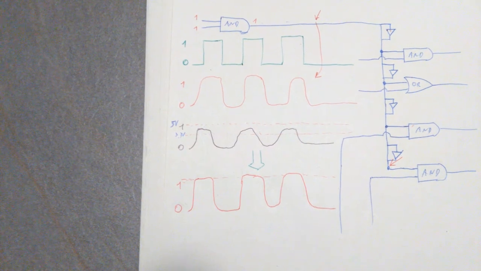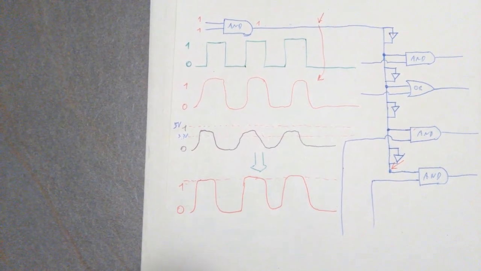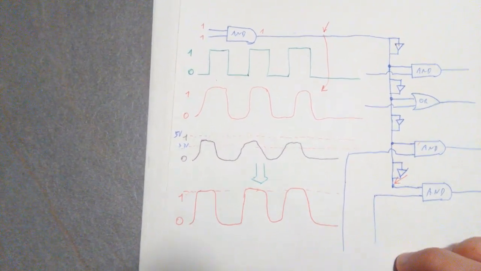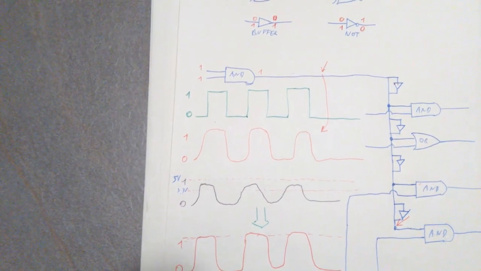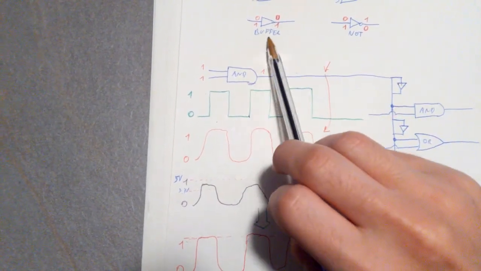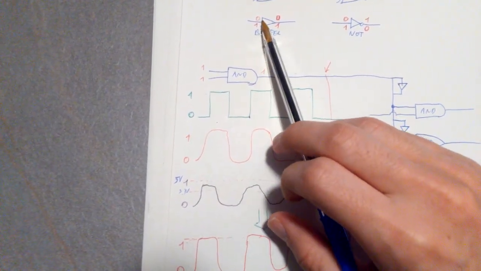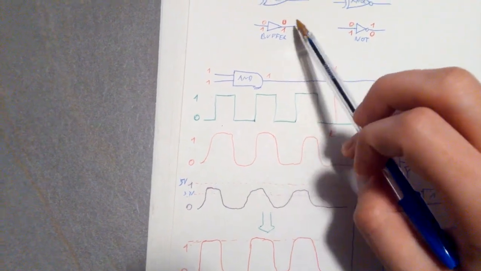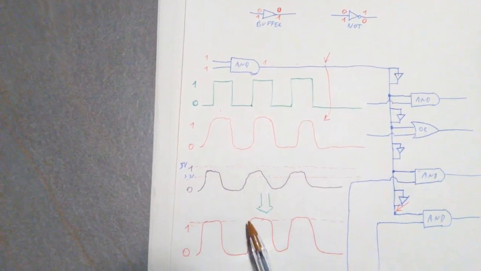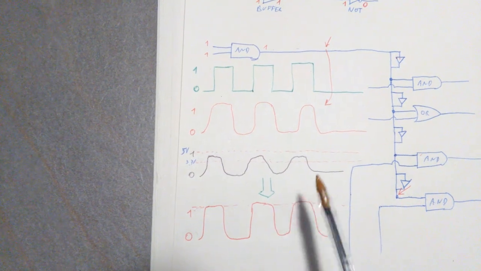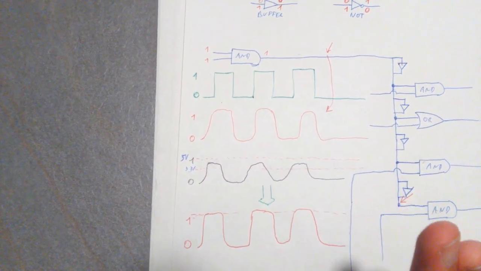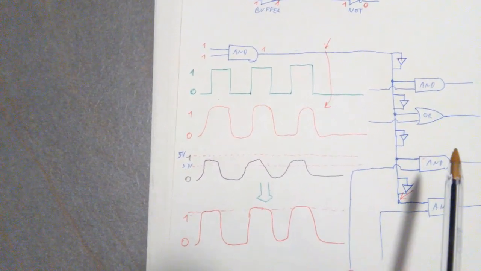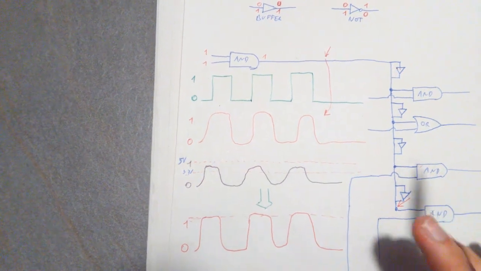So yeah, this is basically why we use the buffer. A buffer is very, very important, because it takes something as input and outputs the same thing, but at the very right level. So you may be tempted to consider it as an amplifier, but it's not really an amplifier.